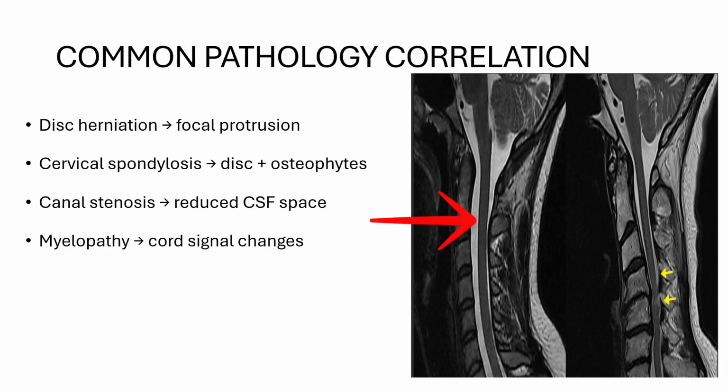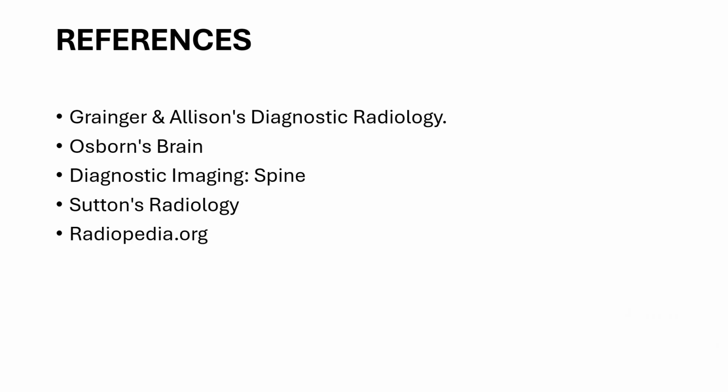Here in this image we can see the normal cord, with no compression, whereas in the second image we can see a desiccated disc along with disc space narrowing and spinal canal stenosis, with signal change in the spinal cord. This is called compressive myelopathy. This is all about the normal anatomy of the cervical spine.